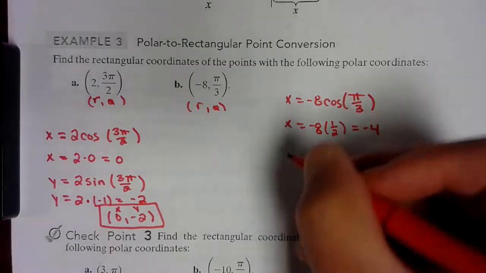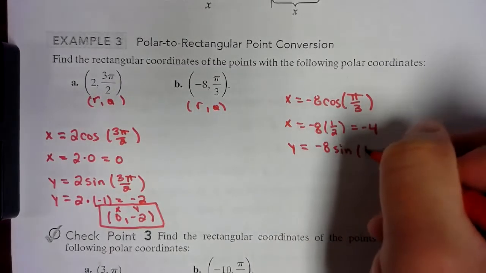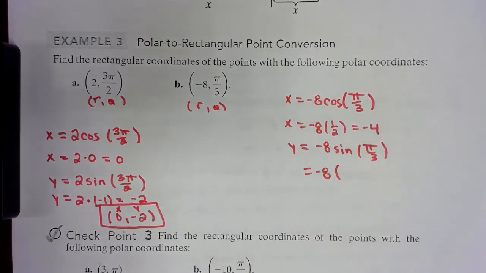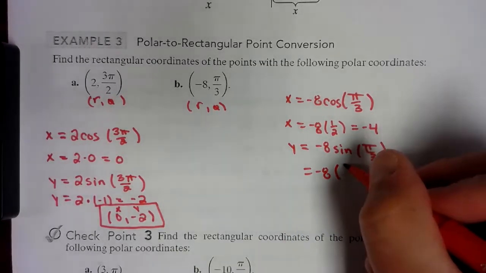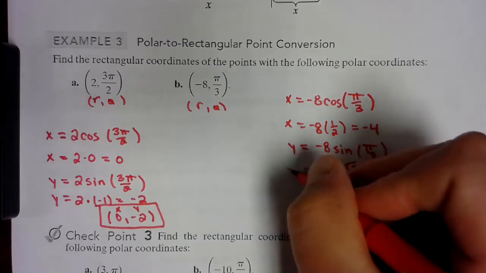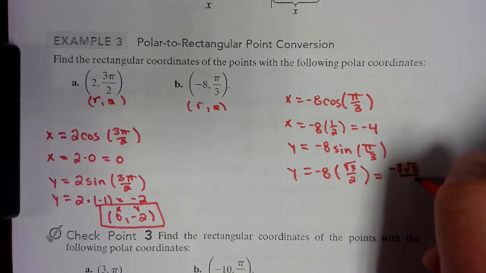That part is done. And now for y, -8 sine of pi over 3 is -8 times, well, that's pi over 3. The y coordinate is √3 over 2, which ends up being -8 √3 over 2.